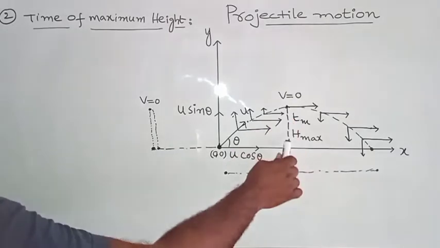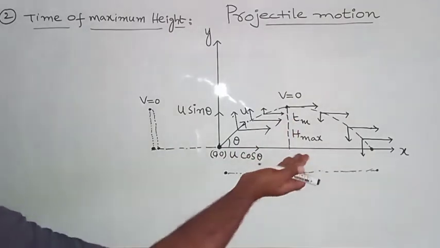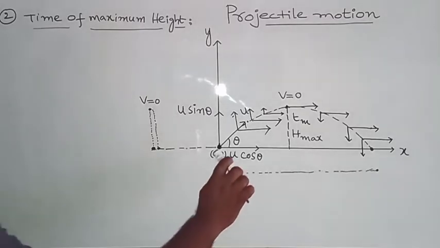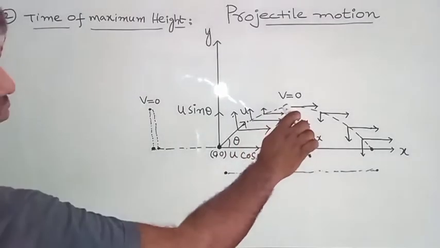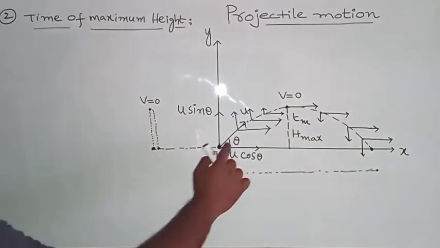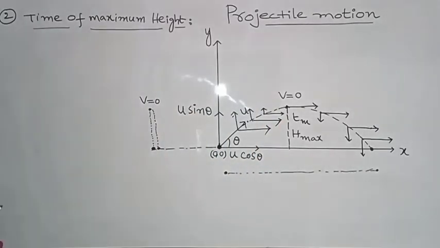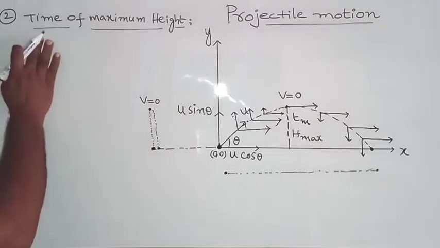This is the vertical direction. Maximum height means from the earth surface, how much height is attained by the particle. So from origin to here, what is the time taken? That is called time of maximum height or time of ascent.